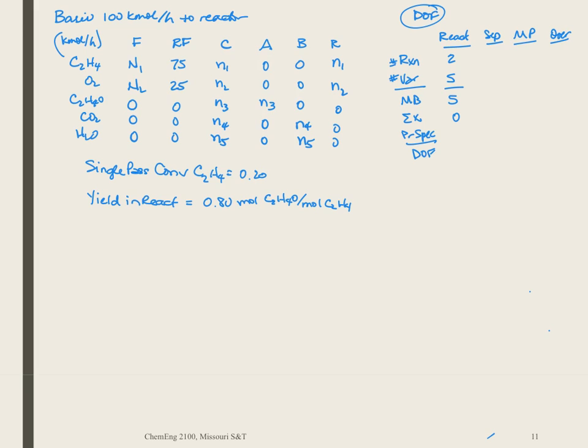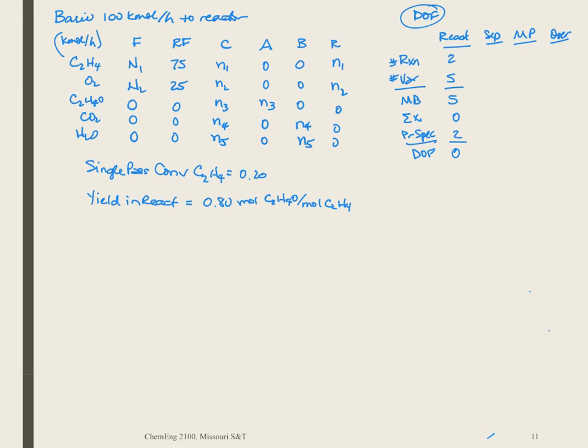Now this is a specified form of yield. It is not based on the limiting reactant. If one were to check, in this particular case, the limiting reactant is O2, but they defined the yield specifically in terms of C2H4, so we'll go with that. So I have 2 process specs, and so the degrees of freedom is 0.